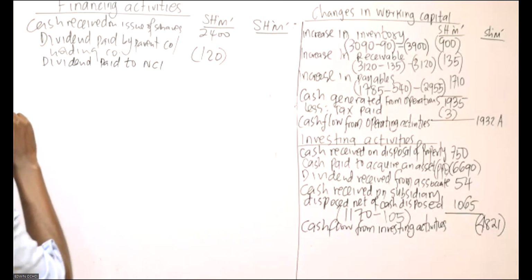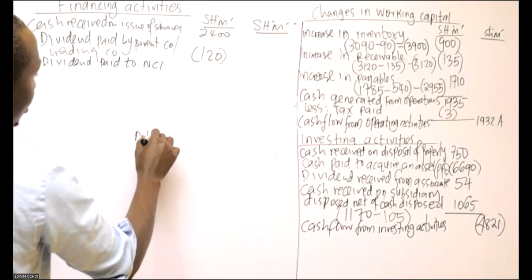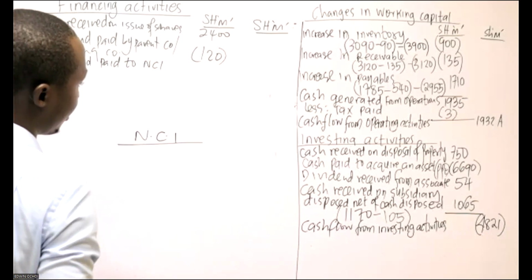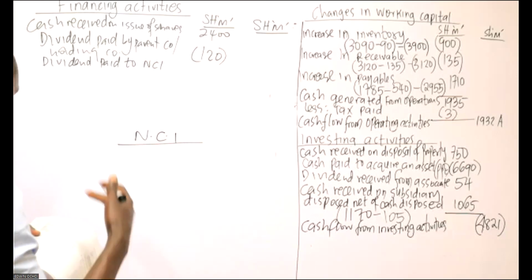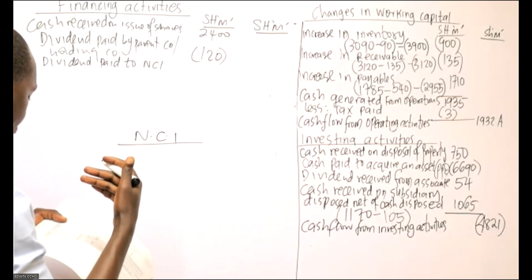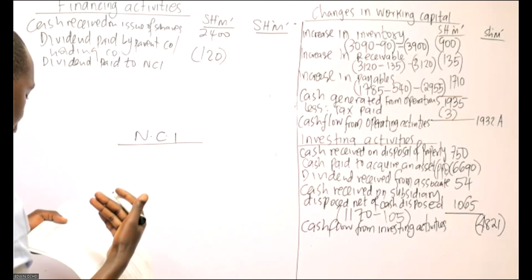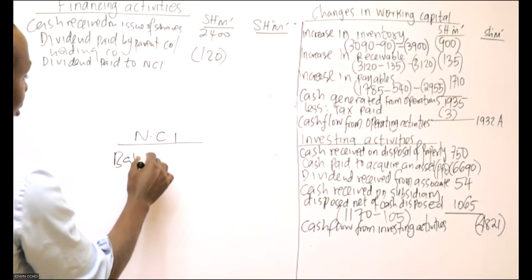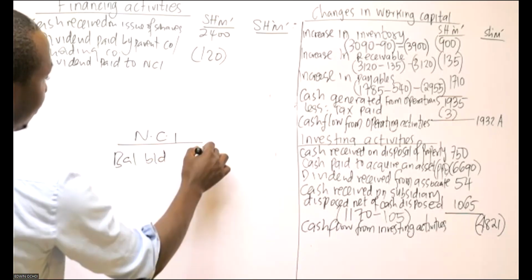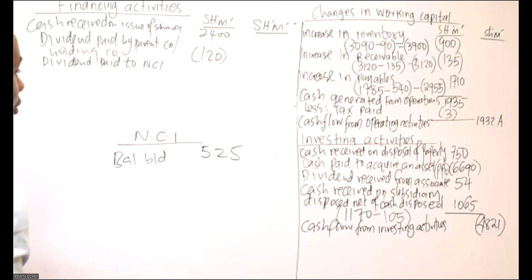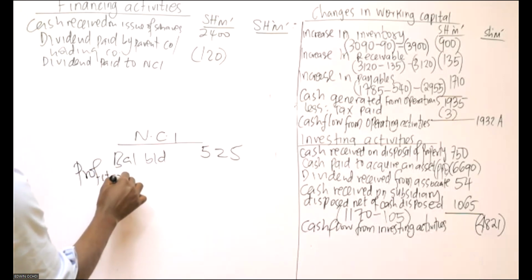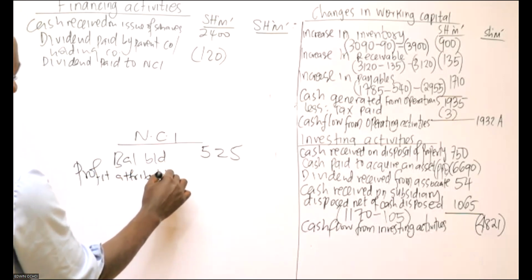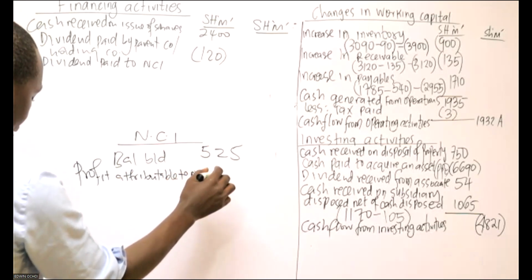Dividends paid to NCI. So again, I have to go to my non-controlling interest. I do a working. That is the next item, because after retained profit, the shareholders fund, which is the total of the equity, then the shareholders fund attributable to the non-controlling interest, balance brought down being 525. Then you go to your income statement, there's a profit attributable to NCI, the last item from the income statement, 75.